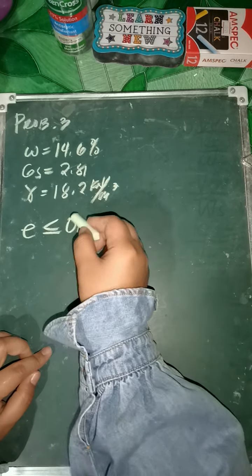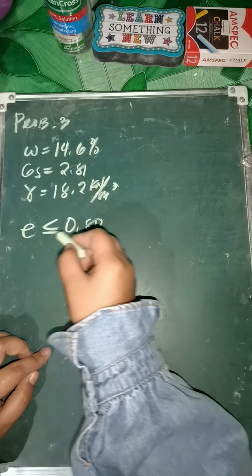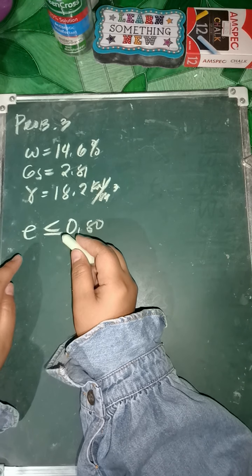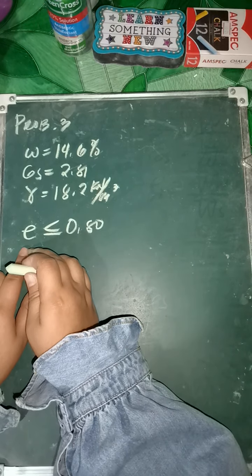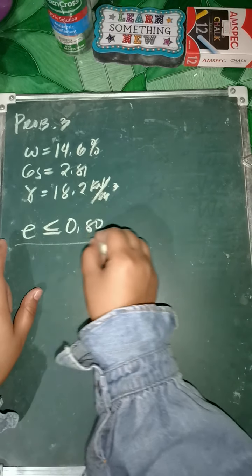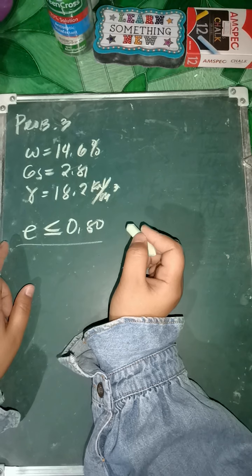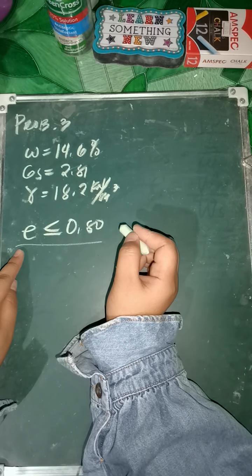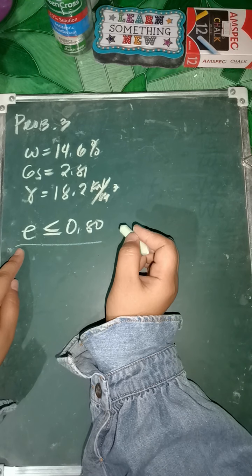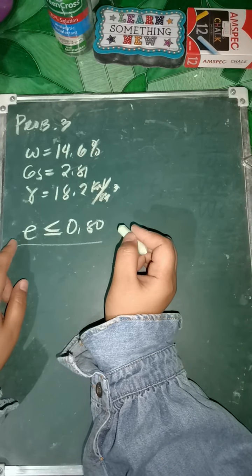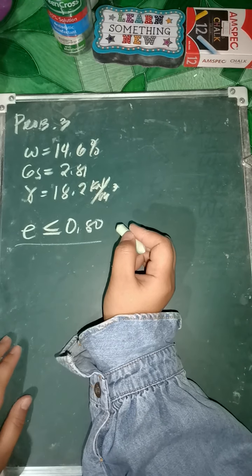So let's try to solve the problem. We're going to verify if we complied these given values with this requirement. So let's try to solve for the value of E, since this is what is asked, and what is asked also if the contractor has complied with the specifications.